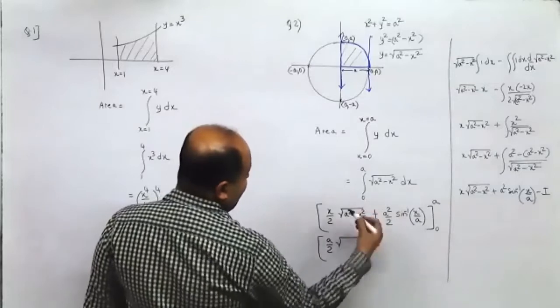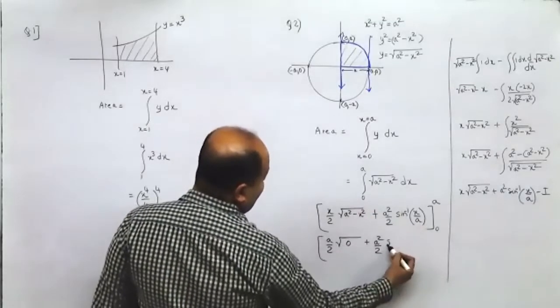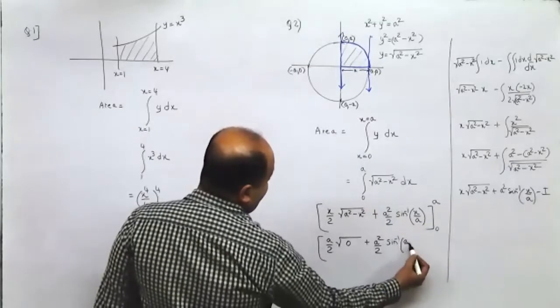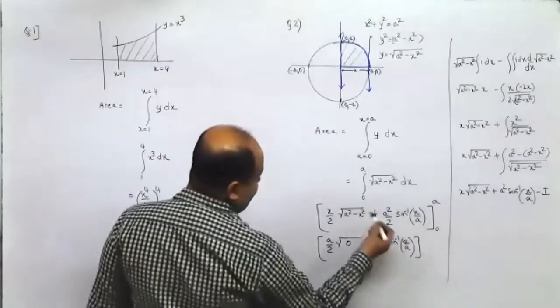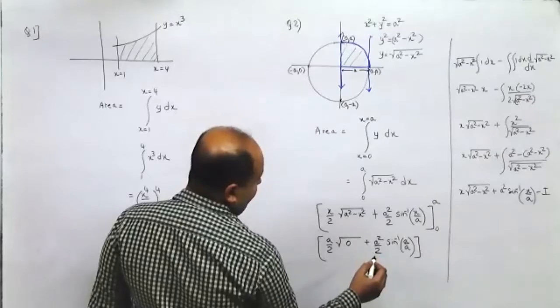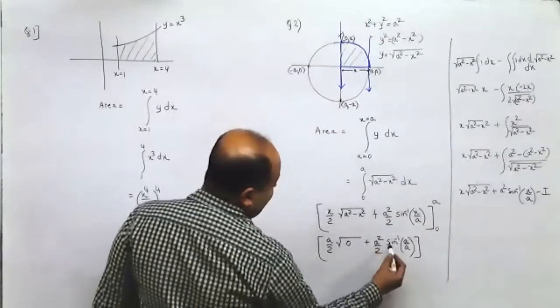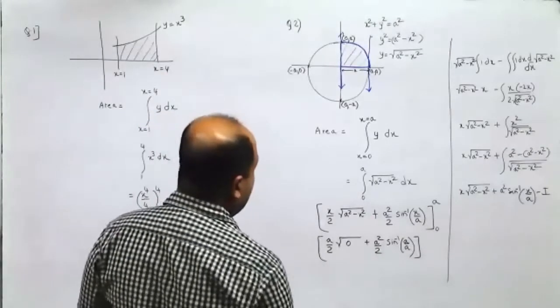When I put a over here, it becomes 0 plus a square by 2, this is sine inverse a by a, so it is 1. And then when I put 0, this would be minus... did I make any mistake?